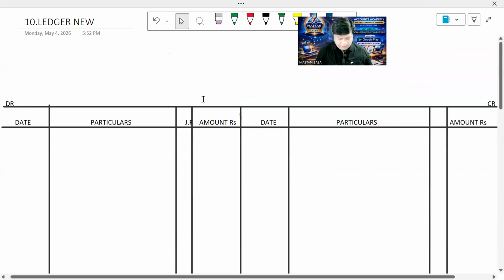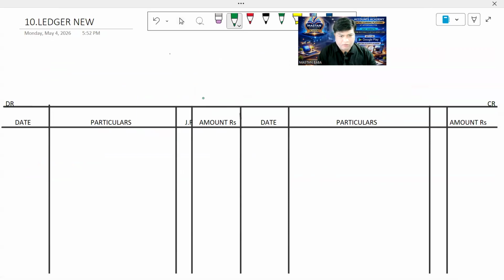First, I'm writing the heading, machinery account. On 1st April 2022, they purchased the machinery, to bank account.